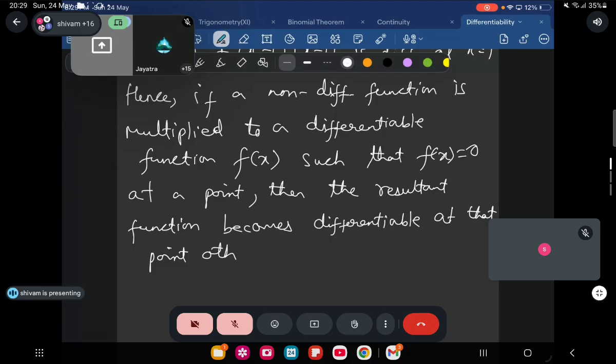Otherwise, the function is not differentiable.